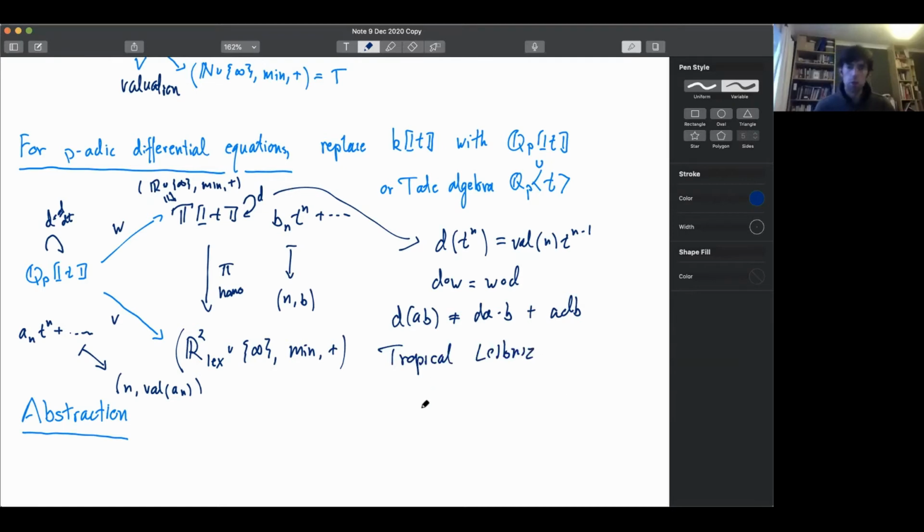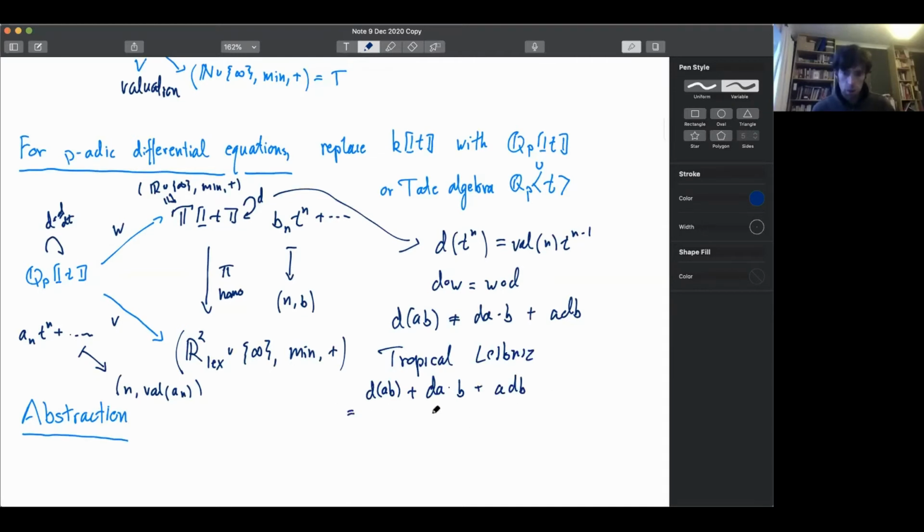Something that I'll call the tropical Leibniz rule, which is that if you look at D of AB, d(AB) plus dA times B plus A times dB, then this tropically vanishes. So it equals the sum of any two of the terms, dA times B plus A dB.